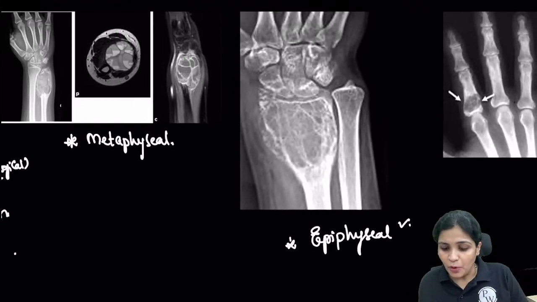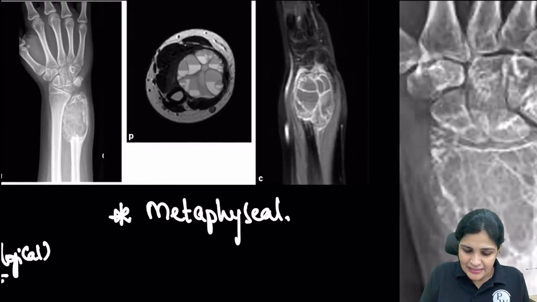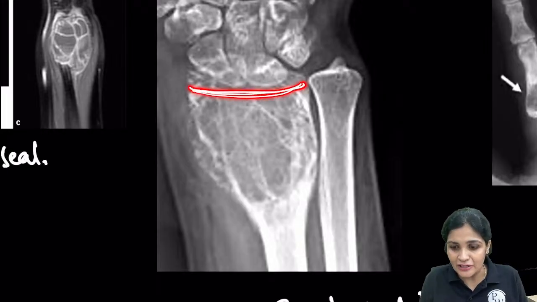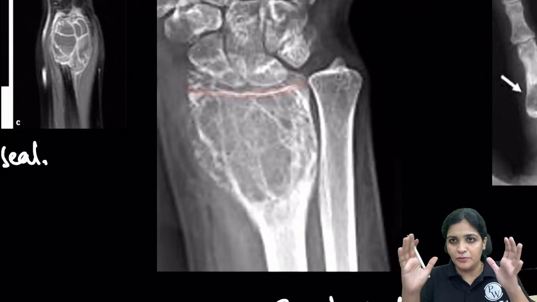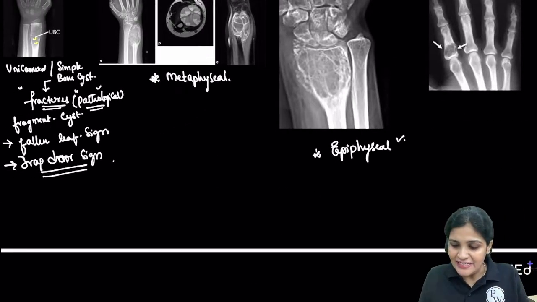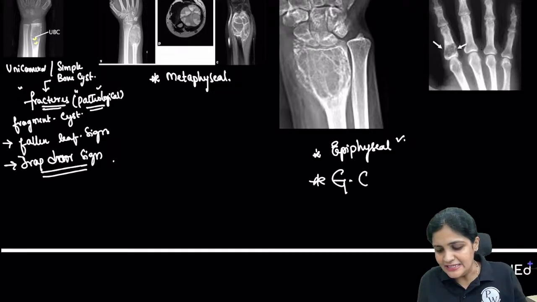So you have to properly evaluate. If you see, this is the area, it is still free here. There is no tumor here. But epiphyseal, see, now you see the entire joint space. It is not entering the joint space, but it is from the starting of the bone, that is from the epiphysis, right? So whenever something is from the epiphysis, then only it is related to giant cell, that is GCT.